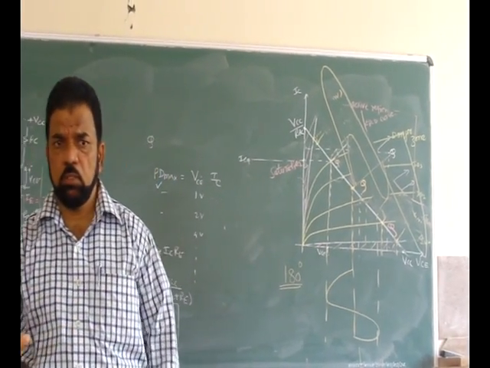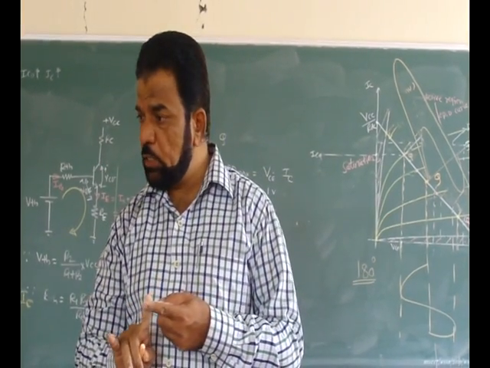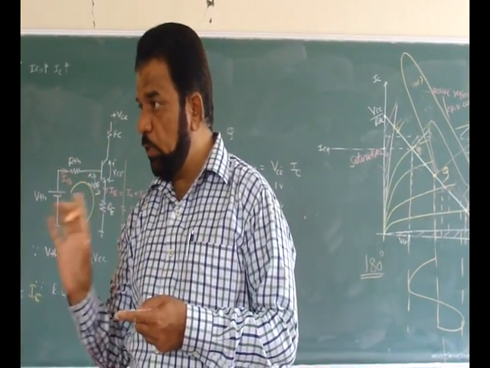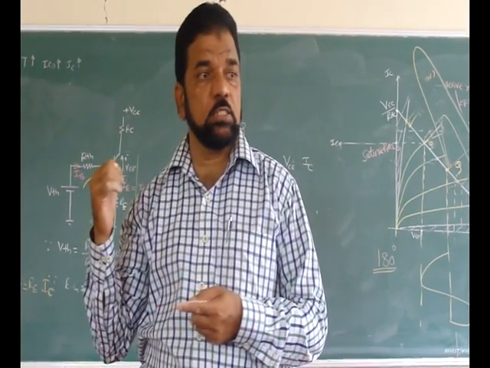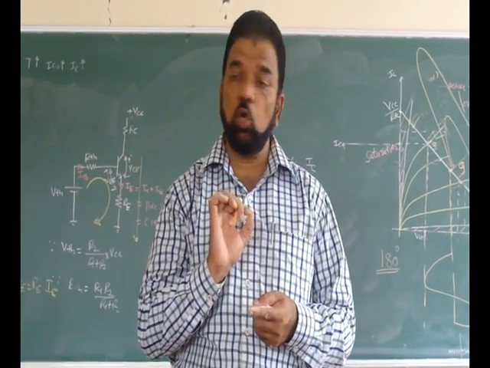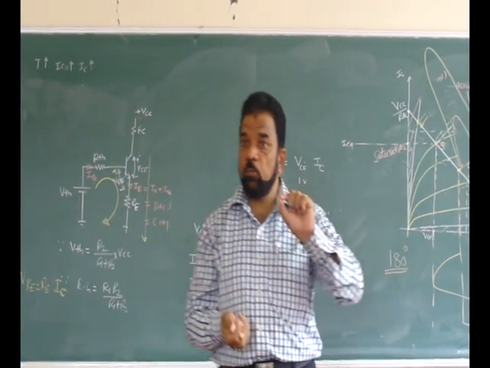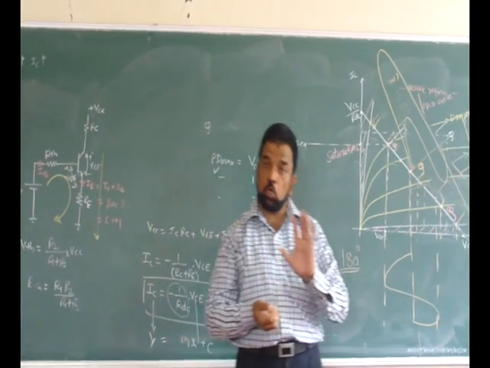everything is correct. Your theoretical design is correct. That theoretical design leads to Q point at middle. Already it is a stable circuit. But one mistake you have done, not deliberately. That mistake is, whatever the setting of the function generator is there, you have not checked it.